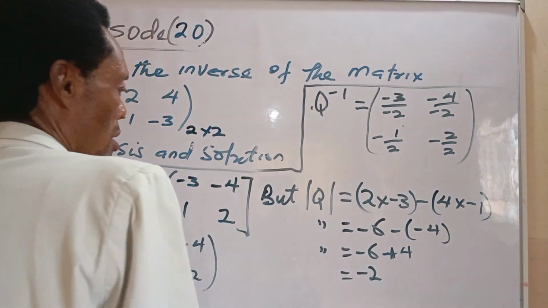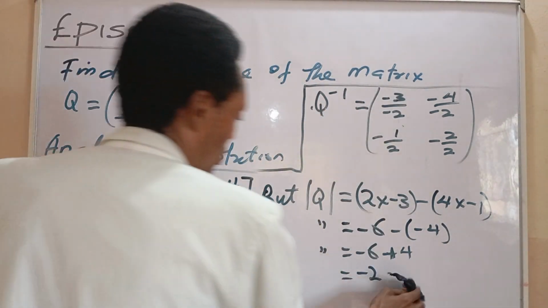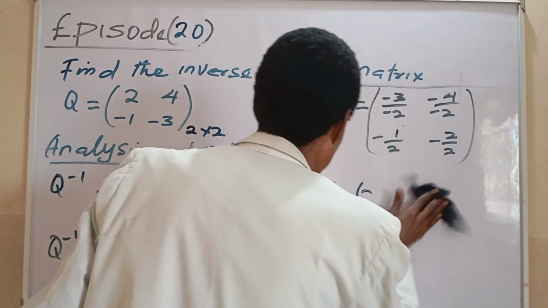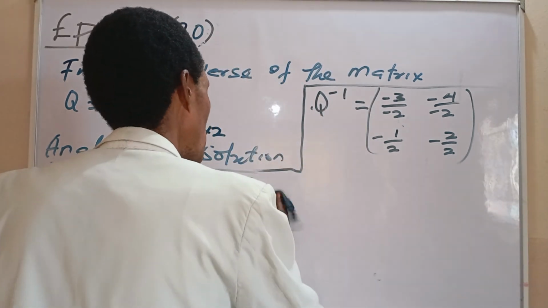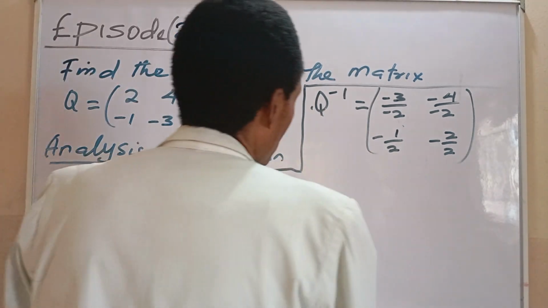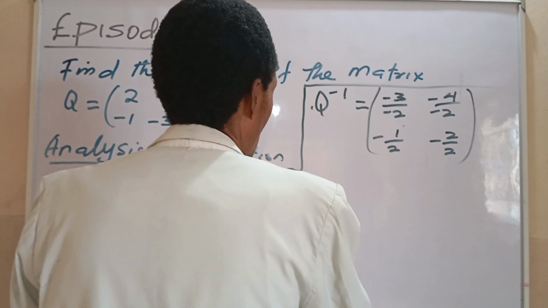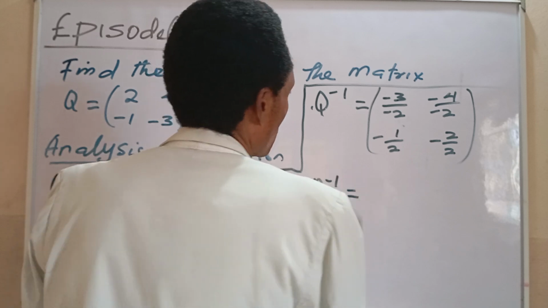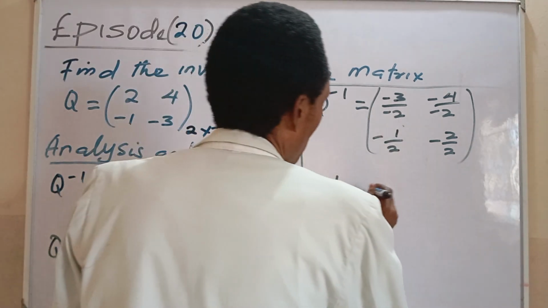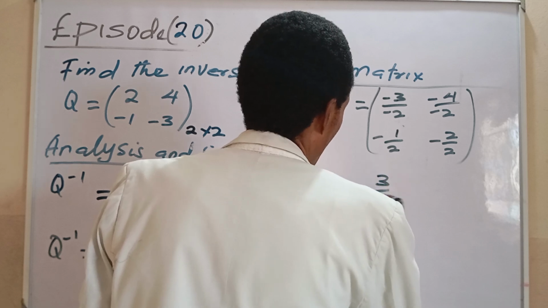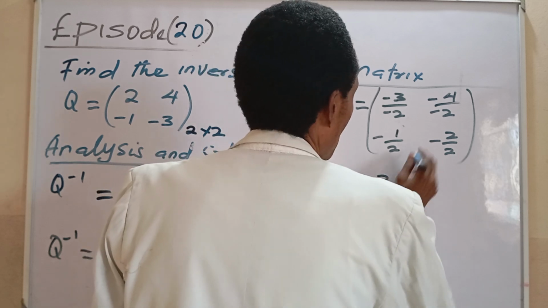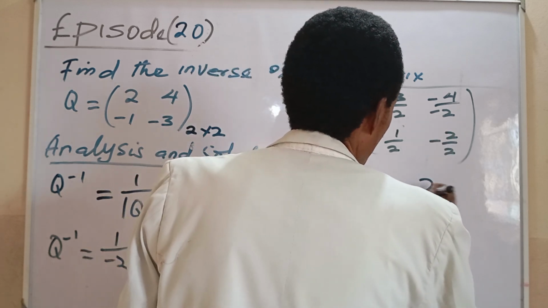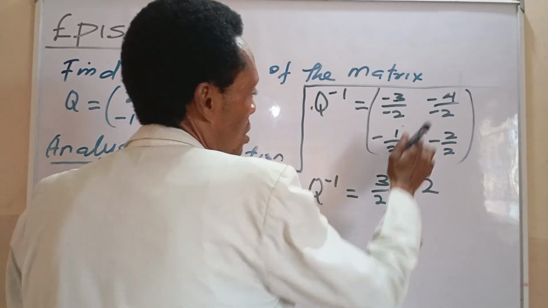Okay, so let me clean this place. So finally we have, look up, this one will give me 3 over 2. Then here you have what? 2 into this.